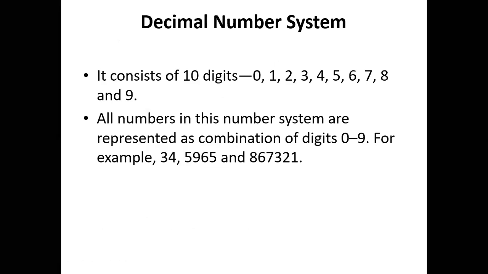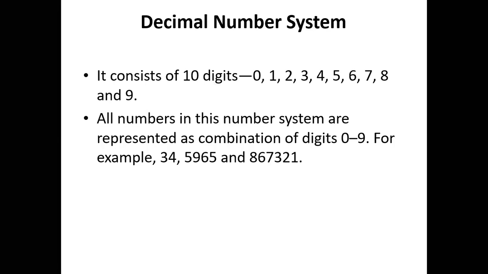With the decimal number system, remember what we said: for any number system, the number system itself defines the digits that are accepted in that particular number system. In base 10, we have 10 digits that are used to express numbers.